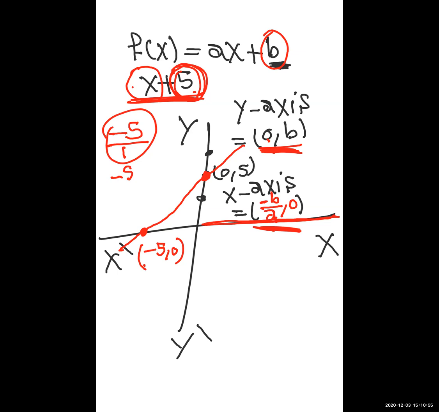So the coordinate of x is actually 0. So now 0 and b. The intersection with the x-axis, so the coordinate of y will be 0. So what will this value be? -b/a and 0.